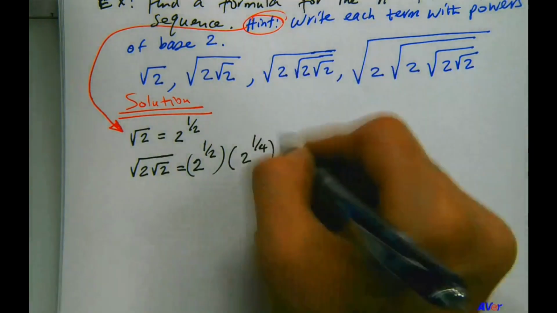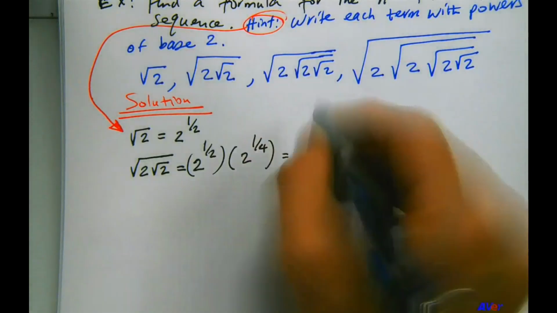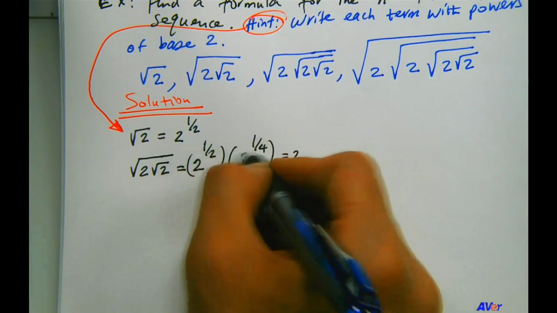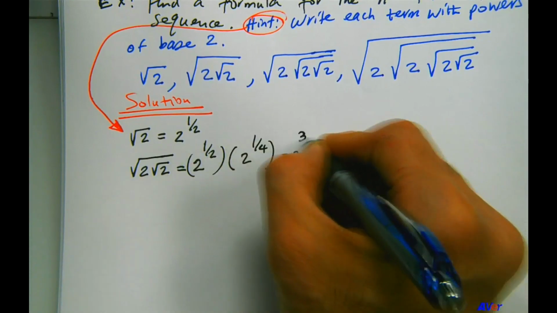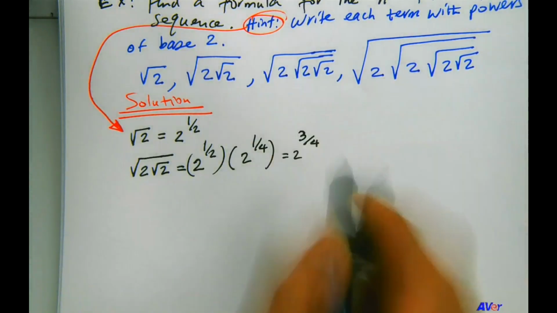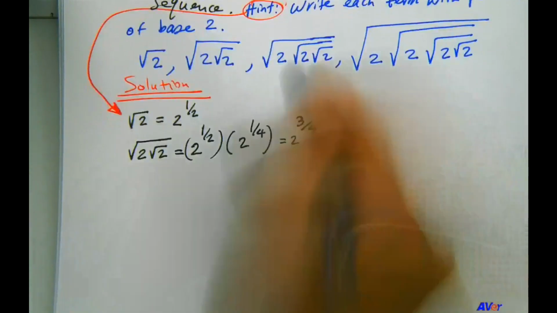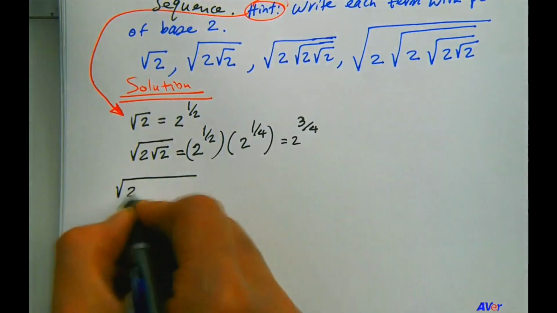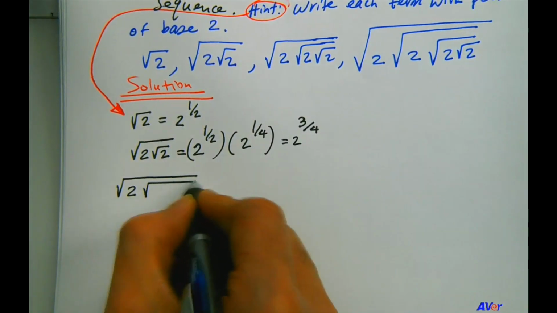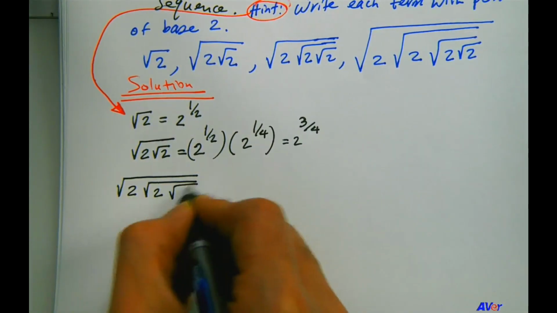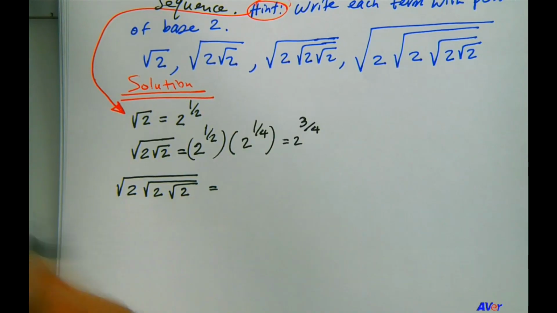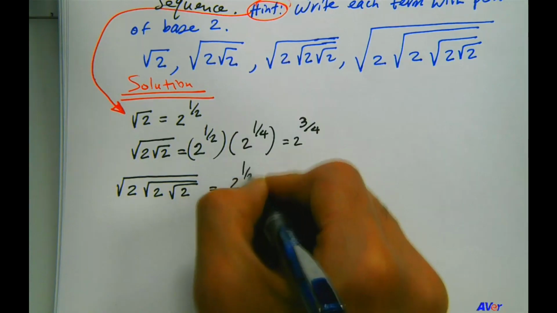And by the way, let's combine these. We should add those powers. Take the common denominator, you get 2 to the 3/4 power. Let's do that for the other two. So square root of 2 over a square root of 2 over a square root of 2. The first one is going to be 2 to the 1/2 power.